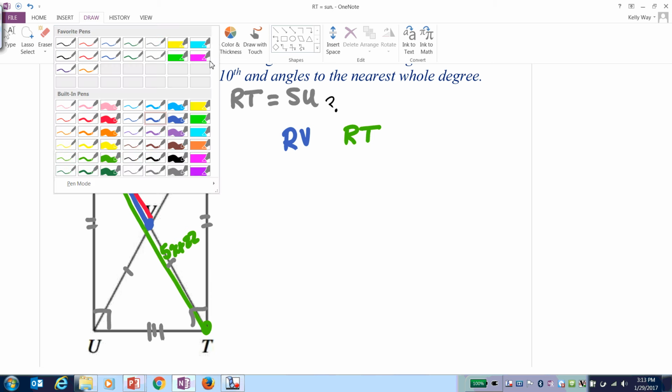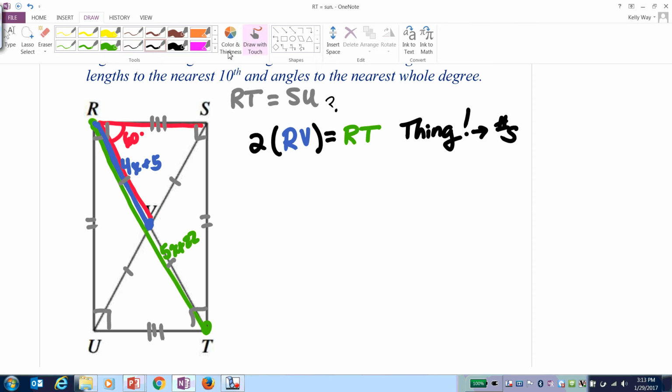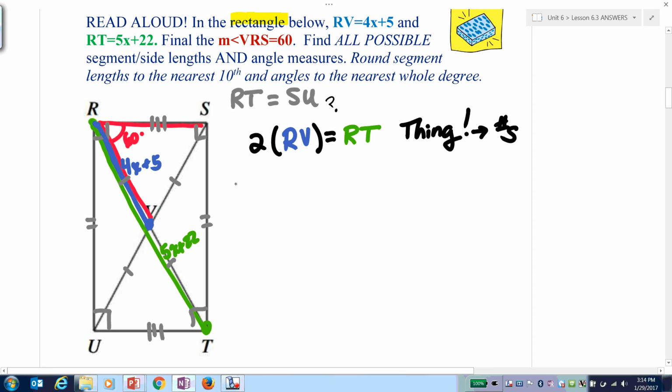It takes 2 RVs to make 1 RT. This is called a thing equation, which you should do prior to numbers. You do things before you talk about numbers. Ready? Now we can circle, plug, chug.